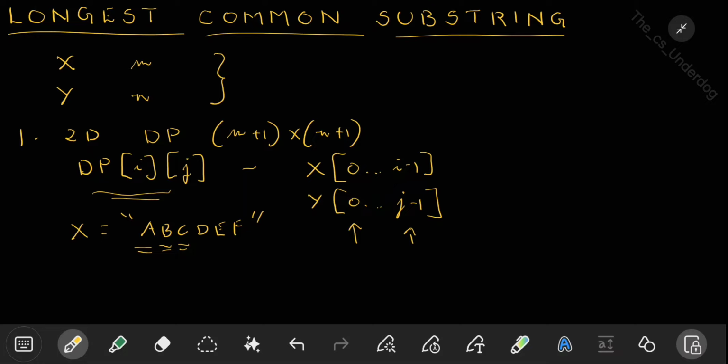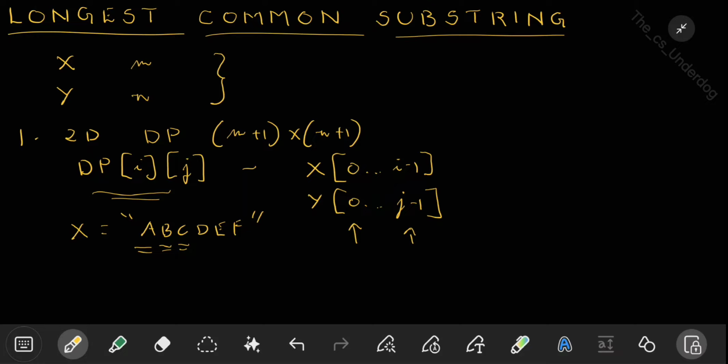The requirement is that, let us say you are considering the next letter. As of now, you are considering the ith letter from the first string and the jth letter from the second string. The whole purpose of this algorithm is, at any point, you should be able to say, if you are including these two letters in the substring, then what is the maximum possible length of the substring?